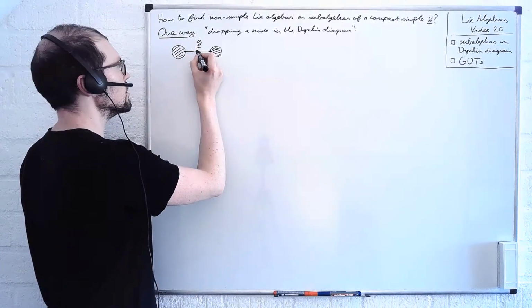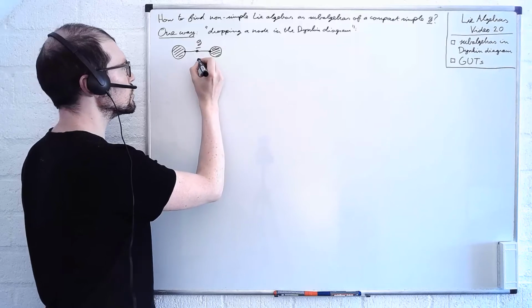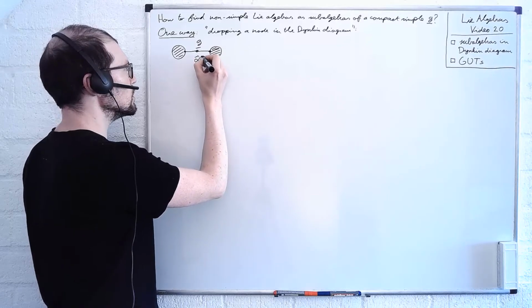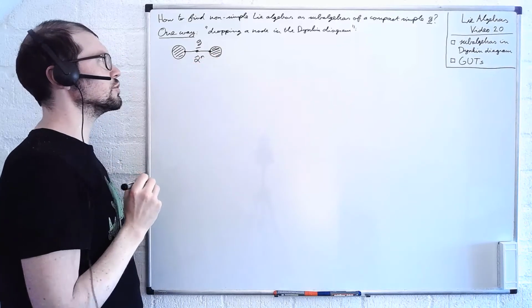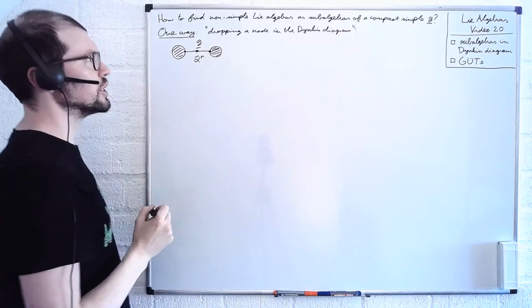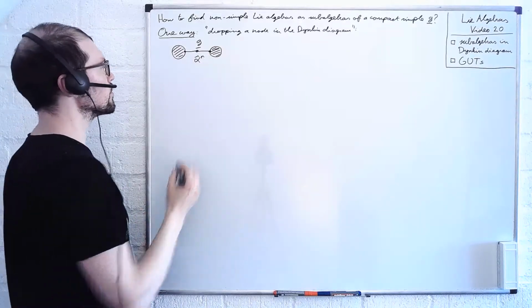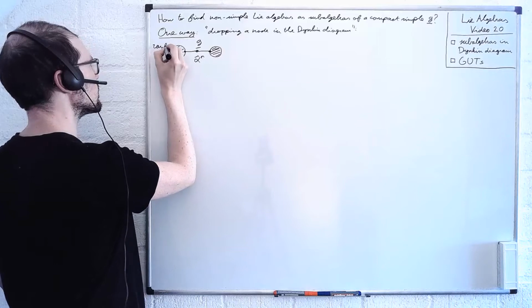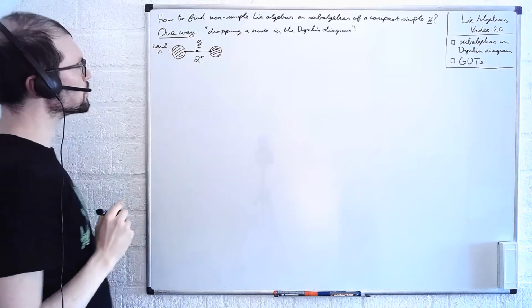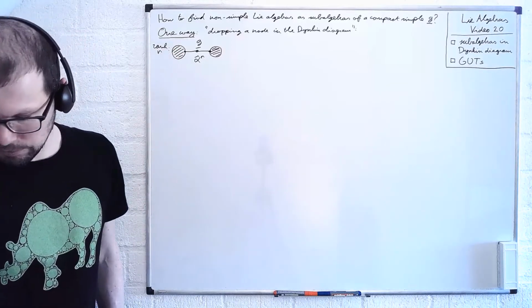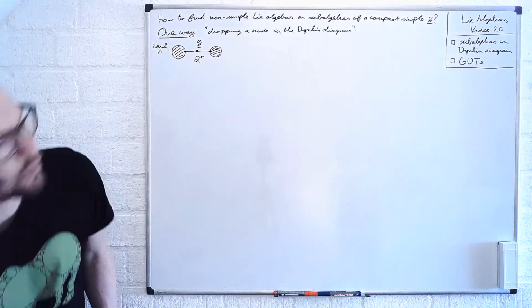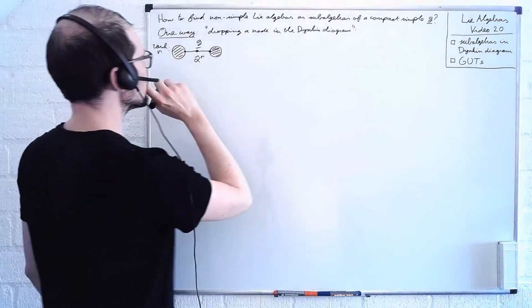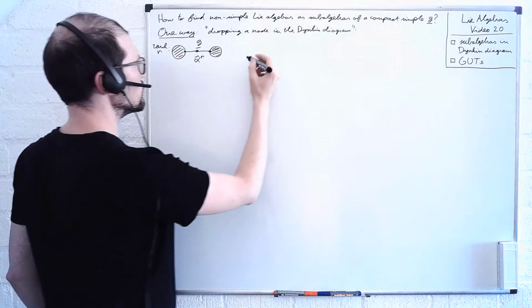And let's say that this particular node corresponds to the rth simple root of G. So if G is of rank r, then what does this mean in terms of the roots?